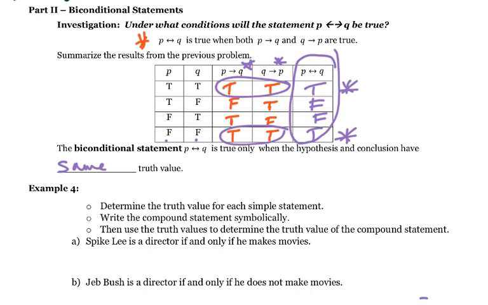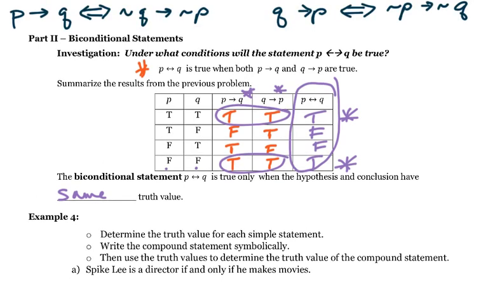a false conclusion. So again, let's look at example 4. We are going to determine the truth value for each simple statement, write the compound statement symbolically, and then use the truth values to determine the truth value of the compound statement. So Spike Lee is a director if and only if he makes movies. So Spike Lee is a director is our first statement.